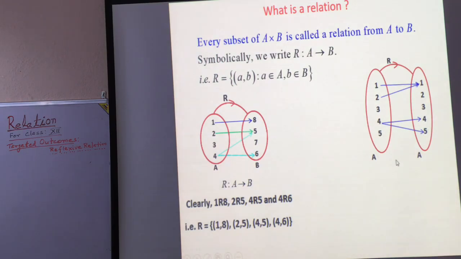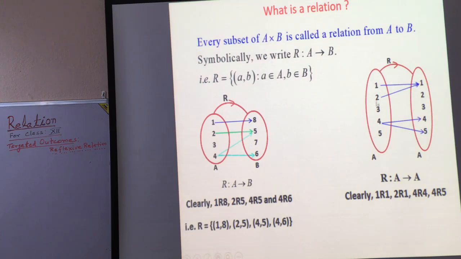This is also a relation from A to A, or simply it is a relation on A. In this relation, 1 is related with 1, 2 is related with 1, 4 is related with 4, and 4 is related with 5. One element can be related with more than one element.